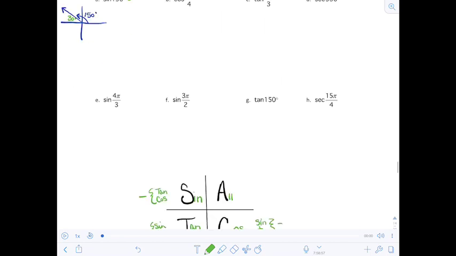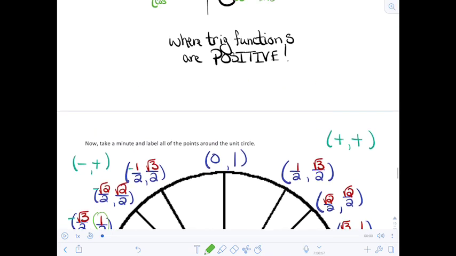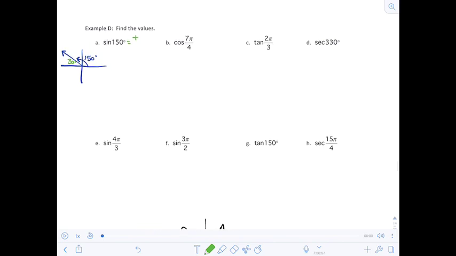What I can do is go to my unit circle and look right here at 150 degrees. The sine is the y value, and that is 1/2. So the sine of 150 is essentially the same as the sine of 30, which is 1/2.